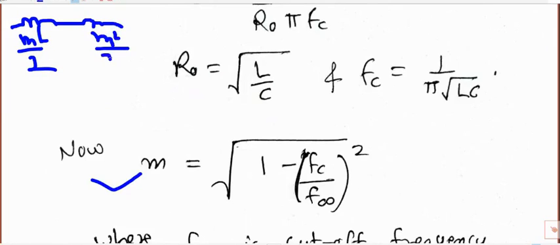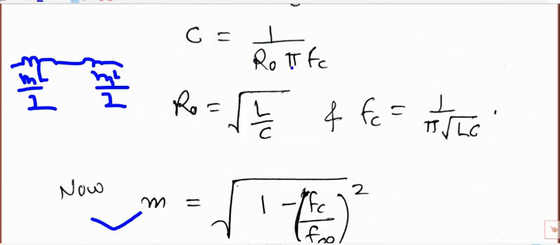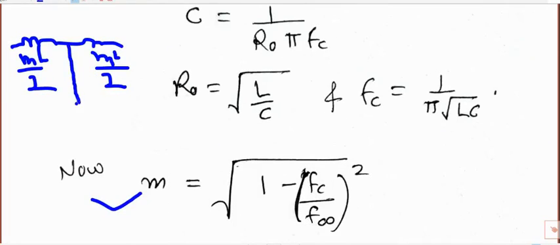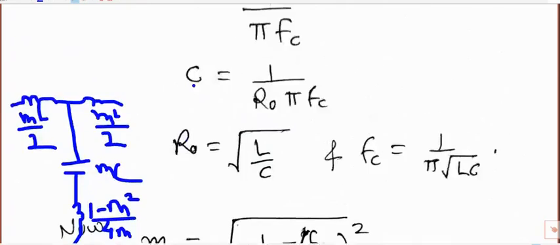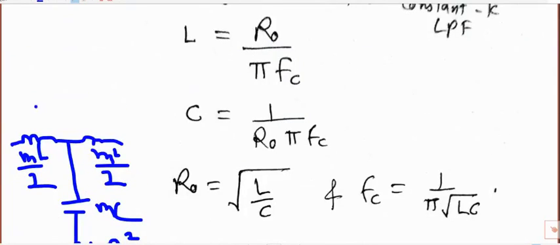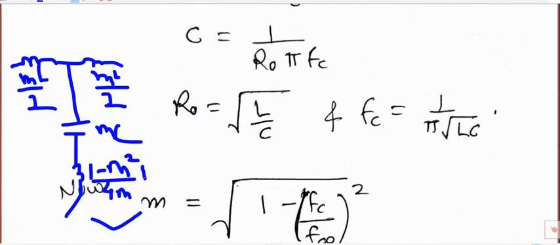We have already calculated C as 1 by R0 pi fc, so just multiply with M to get MC. Then calculate the factor (1 minus M square) divided by 4M into L, where L is R0 divided by pi fc. So this becomes the circuit of the M-derived low pass filter.